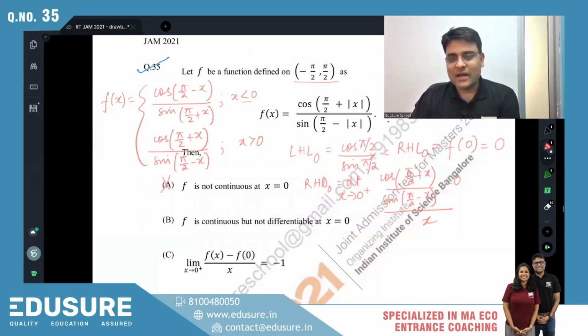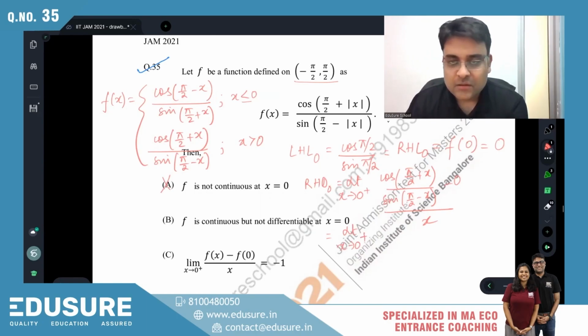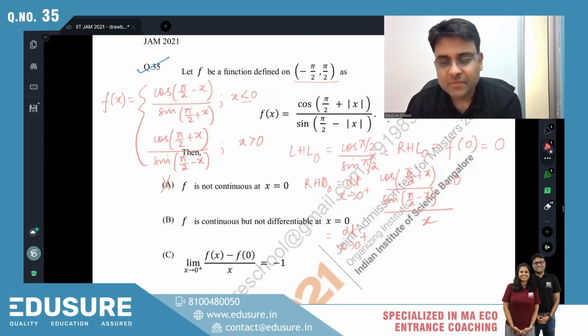So this is my right hand derivative. Now what do I see here? Let's calculate this. Limit x tends to 0 plus cos(pi/2 plus x) divided by x into sin(pi/2 minus x).